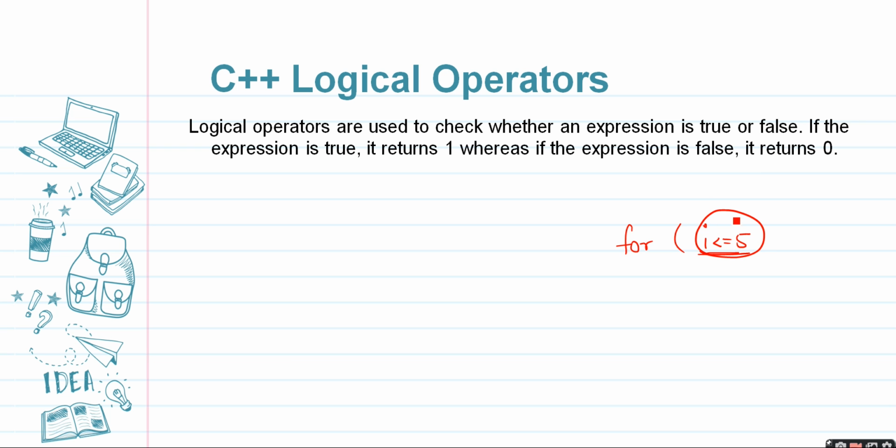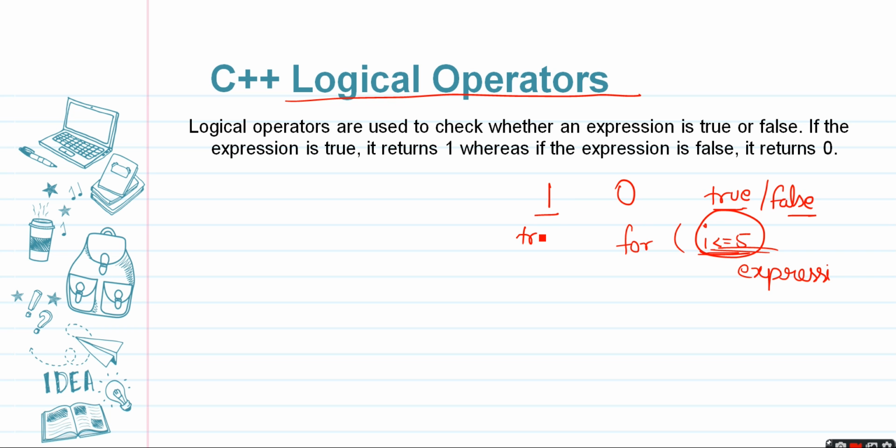If it is less, it is going to return true, otherwise it is going to return false. But in our logical operators, it is not going to return true or false. Instead, it is going to return 1 or 0: 1 if it is true, 0 if it is false. How? Let's see.